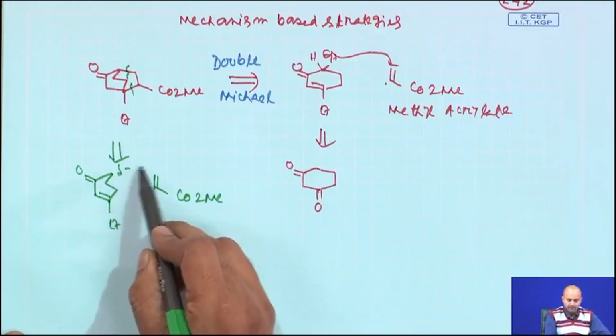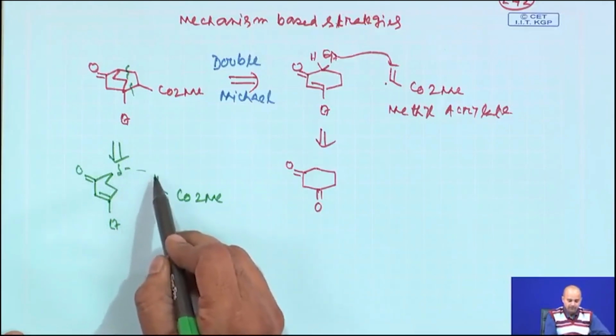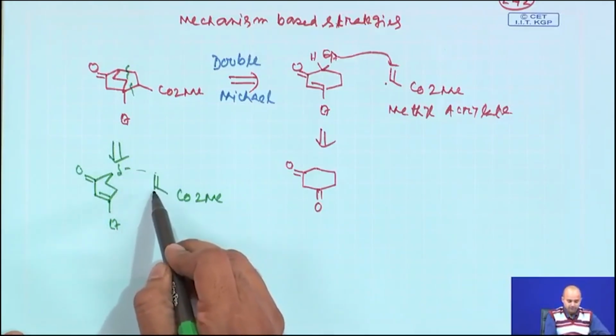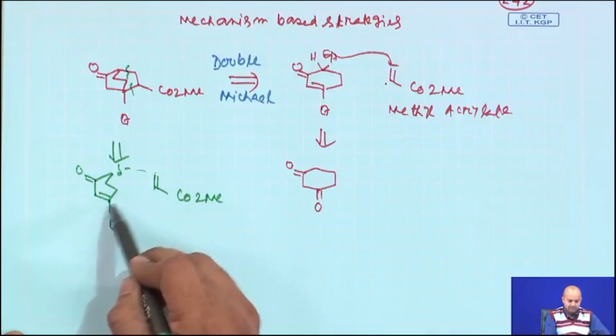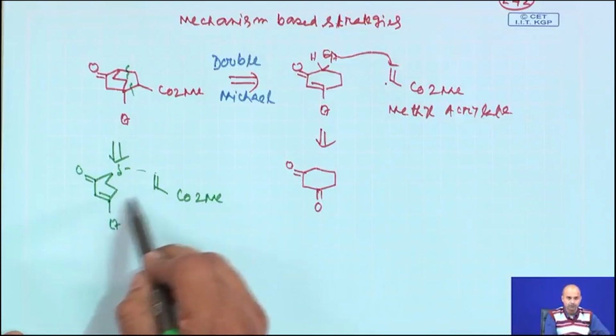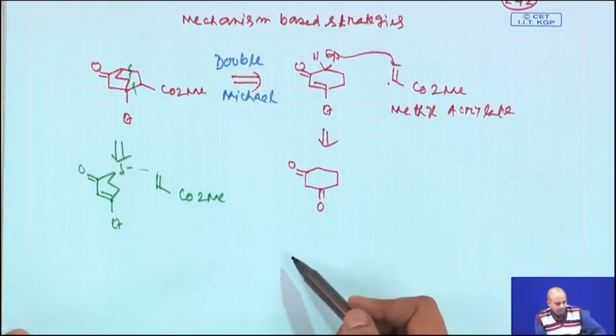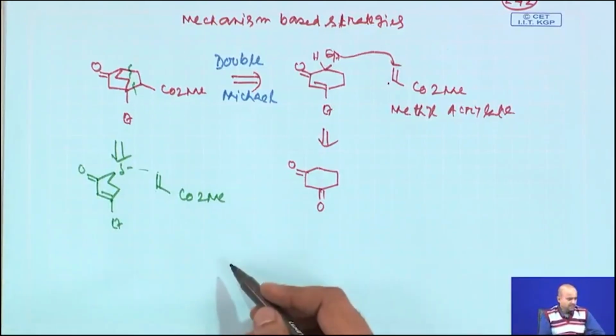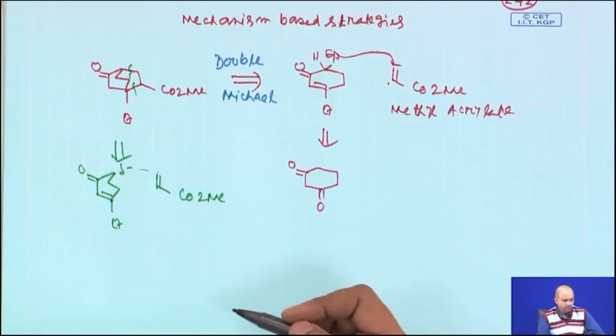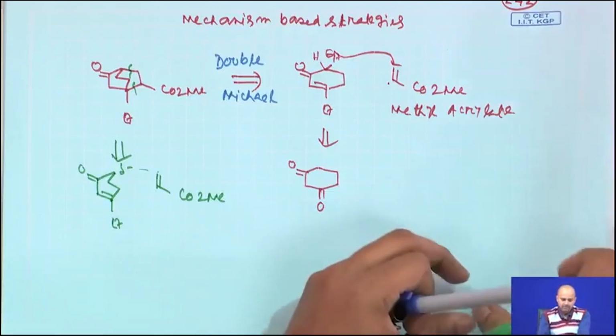The anion is basically transferred from this carbon to this carbon. Now, this carbon gets this Michael acceptor in its close proximity and undergoes another round of Michael to complete the synthesis.